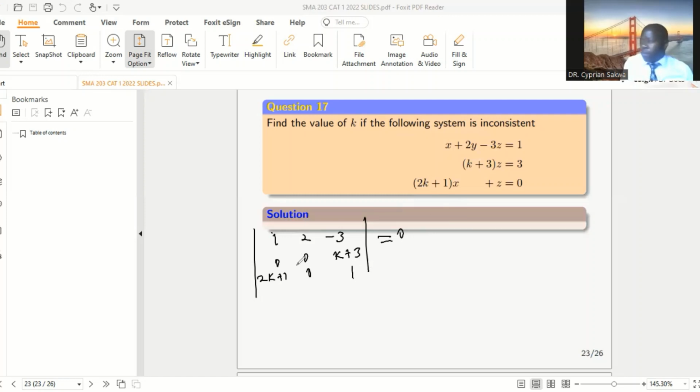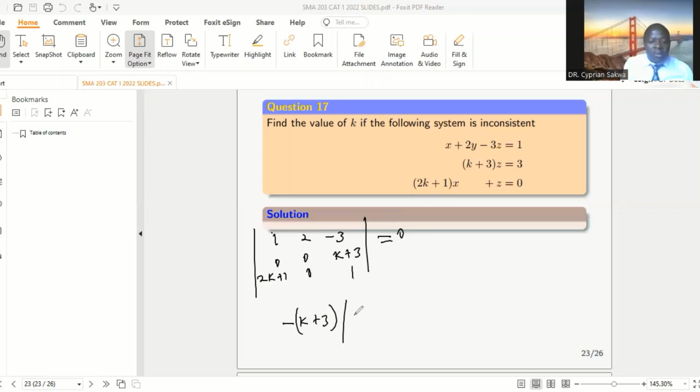Now, I'm thinking of a very easy way of getting this determinant. Of course, I already have zeros. So if I already have zeros, I can expand along row 2. Plus, minus, plus, minus. So it will be minus k plus 3. Then delete the row and the column of k plus 3.